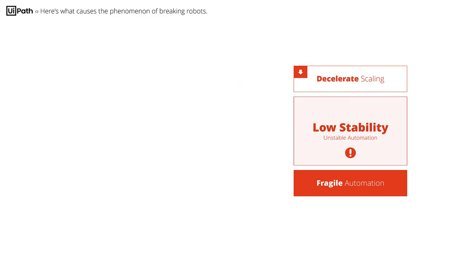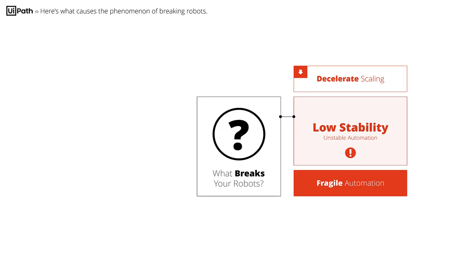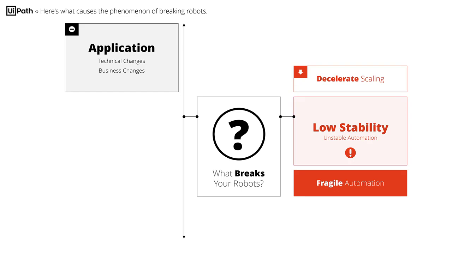Let's start with the stability aspect. And let's ask a very simple question. What actually breaks your bots? Well, again, based on what we have learned in our projects, there are three main reasons why bots break in production. The first group of problems that causes bots to break is centered around application changes.